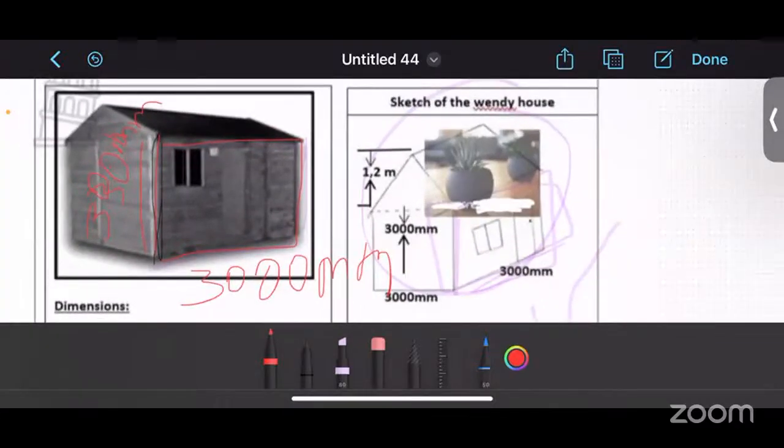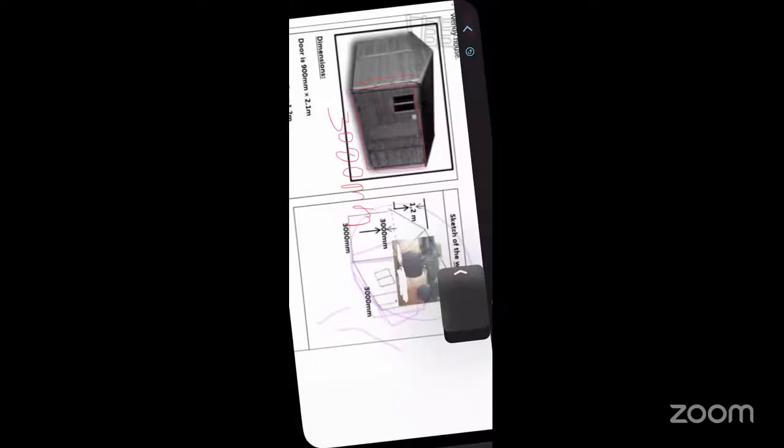What do we call a shape with the same sides?